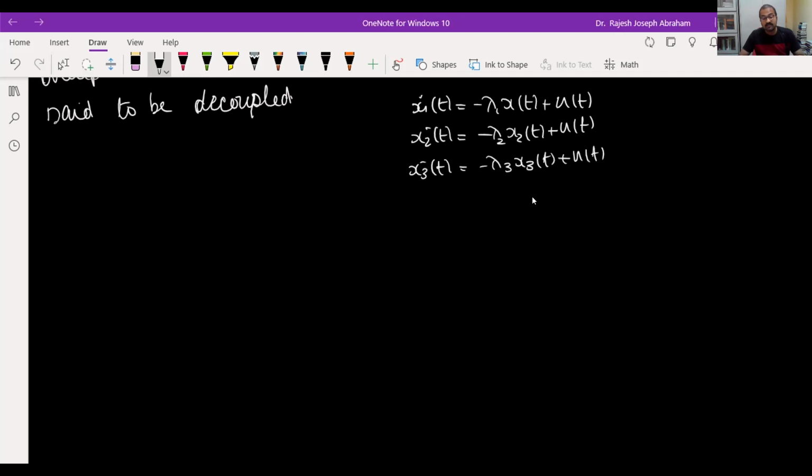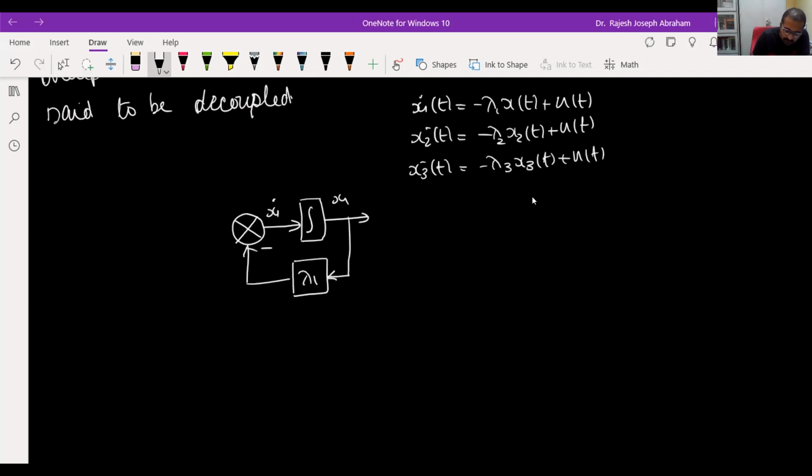Okay, so let us draw the state diagram for this, right? So we will start with this first x1 thing. Okay, so this is the summing point. So this must be x1 dot. So x1 dot should be integrated to get x1. Okay, what is x1 dot? It is minus lambda 1 x1. So this is a minus sign, this is lambda 1.